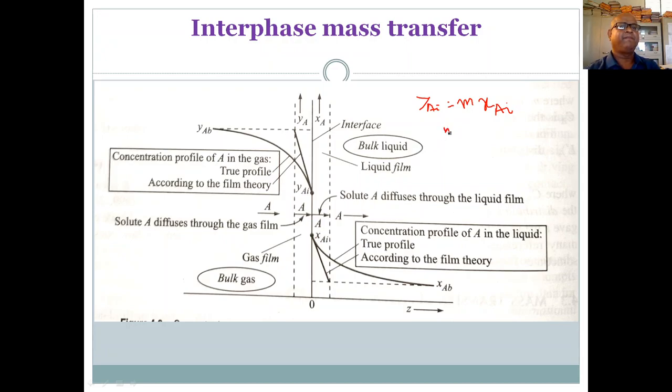If m is greater than 1, then yi will be greater than xi. And if m is less than 1, then yi will be less than xi. So generally yi and xi are not the same. Generally m is not 1. It will be either greater than 1 or less than 1.